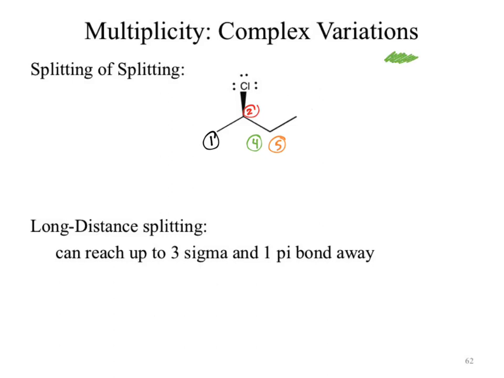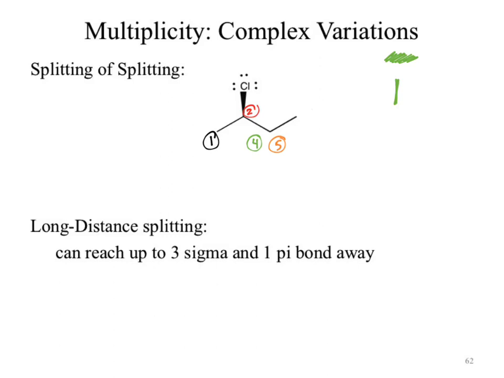Number 1, do I have a signal? Is there a green hydrogen? Yes, so there's a signal. How many neighbors does the green hydrogen have? 2. There's the red hydrogen and the orange hydrogen.